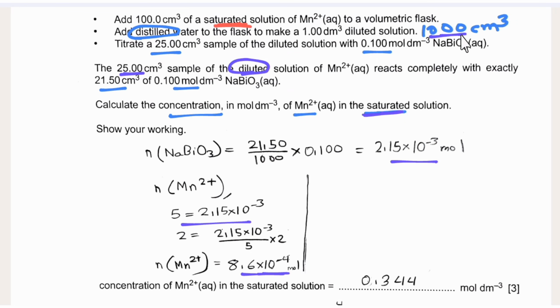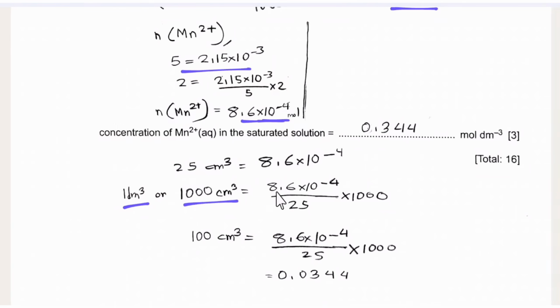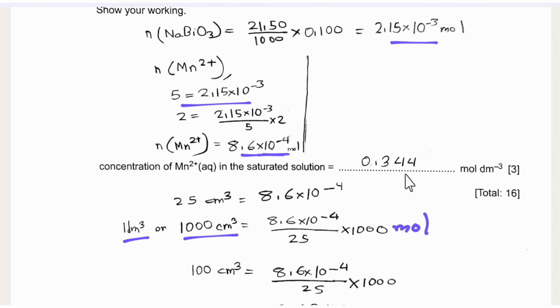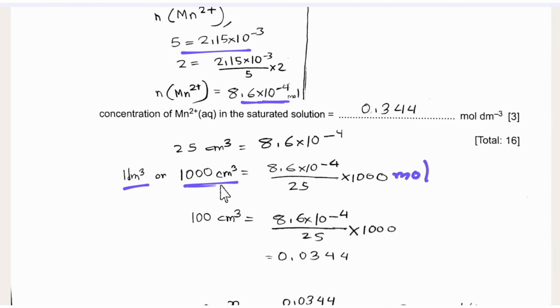For 1 dm cube or 1000 cm cube of the dilute solution, we need to divide the moles by 25 and multiply by 1000 to get the number of moles for 1000 cm cube. Now this 1000 cm cube is for the dilute solution and this 100 cm cube is for the saturated solution.